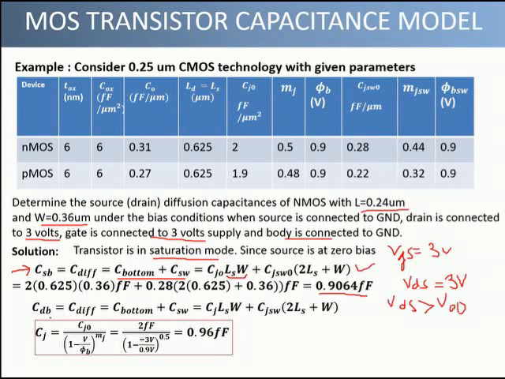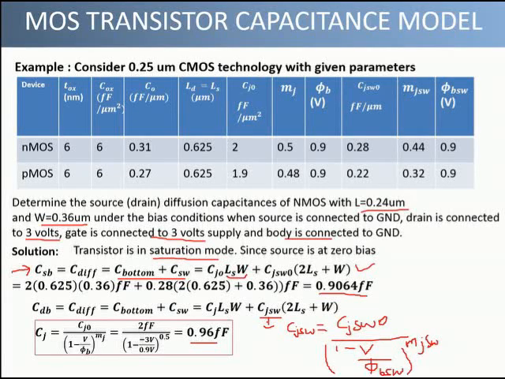For the drain body diffusion capacitance, we have a fixed bias condition, so we need to calculate the amount of reverse bias voltage between the drain and the body. The drain is connected to 3 volt and the body is connected to the ground, so the total reverse bias voltage between the drain and body is equal to -3 V. Now putting this value along with the zero bias body junction capacitance and grading coefficient, we obtain the total junction capacitance of the bottom plate equal to 0.96.